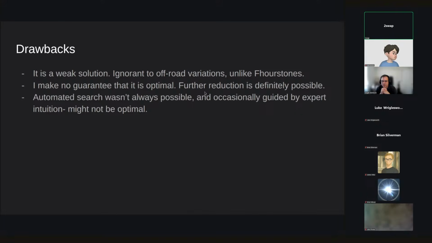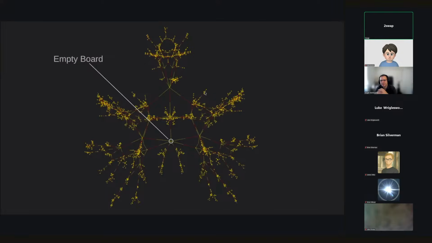Early move suggestions were made by human experts as well as myself, so I cannot guarantee that anything computational guided those decisions, other than human expert player intuition. So they might not be optimal. I don't know. Okay, so now actually discussing the structure of this thing itself.